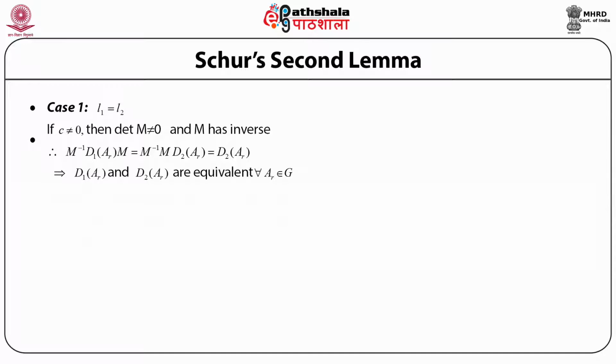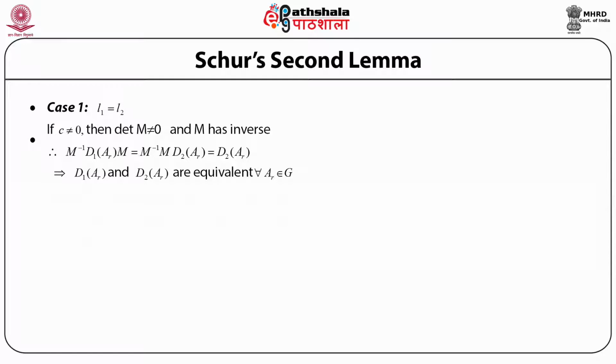That means if C is not equal to 0, then determinant M is not equal to 0 and M has an inverse, because M M dagger is equal to C I and we have assumed that n1 is equal to n2. Therefore, M inverse D1(AR) M is equal to M inverse M D2(AR), because D1(AR) M is equal to M D2(AR).